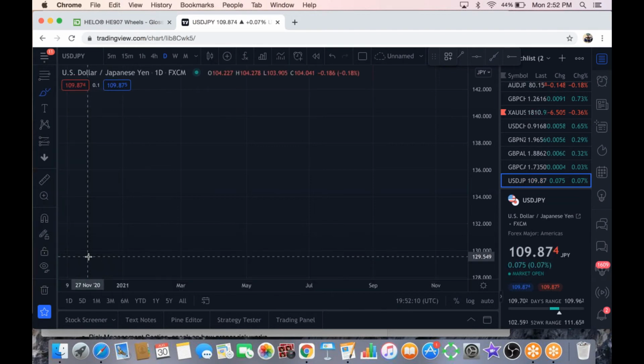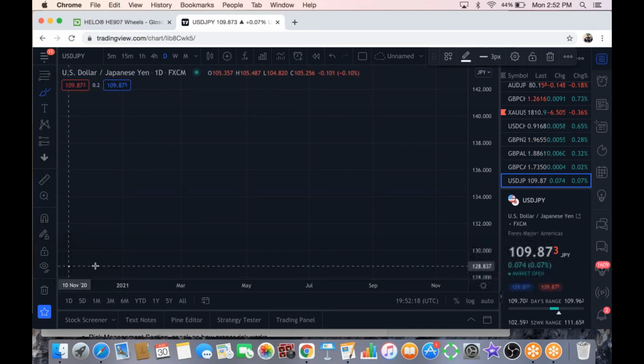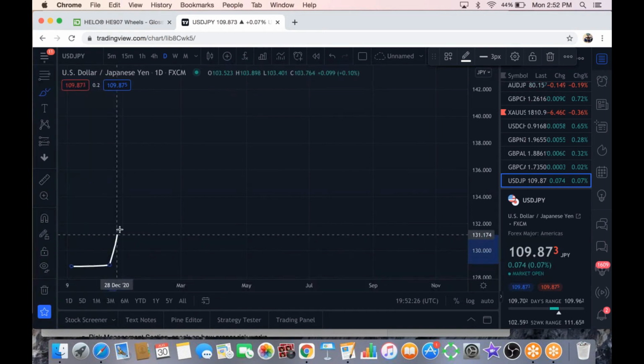When an uptrend begins, it always creates this low point, the starting point right down here. And then there's a movement of money that gets created like this.